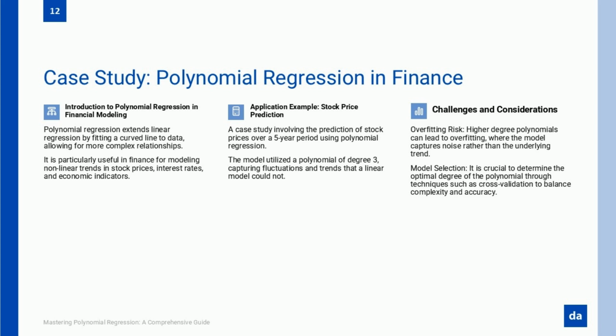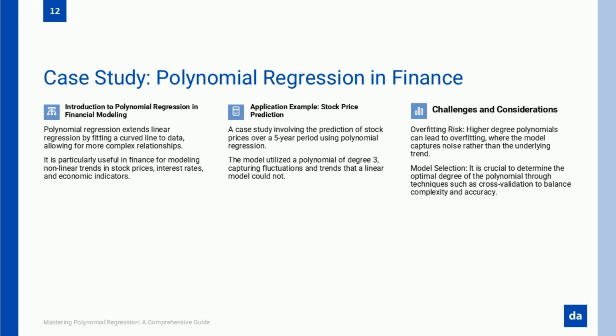Polynomial regression is widely used in financial modeling, where data patterns are often nonlinear, and traditional linear regression may fail to capture important trends. In this case study, we explore how polynomial regression is applied in finance, particularly in stock price prediction. Stock prices rarely follow a simple straight-line trend.